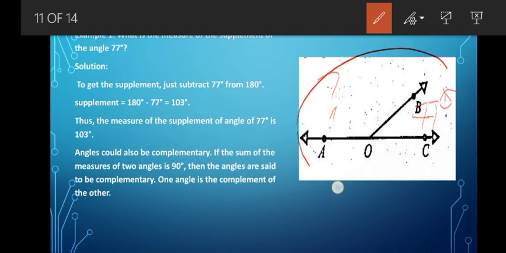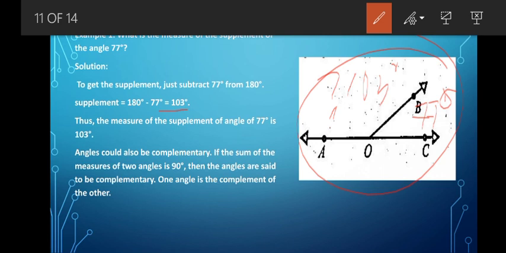Since the value of supplementary angles is equal to 180 degrees, simply subtract 77 degrees from 180 degrees. So magiging 180 degrees minus 77 degrees equals 103 degrees. Therefore, 103 degrees is the value of angle EOB.